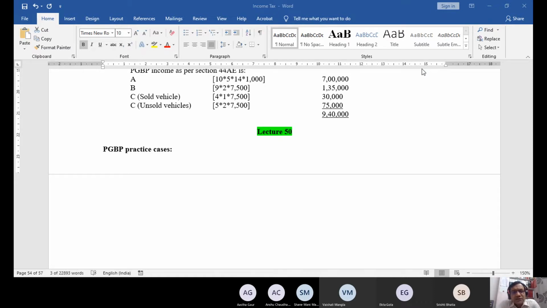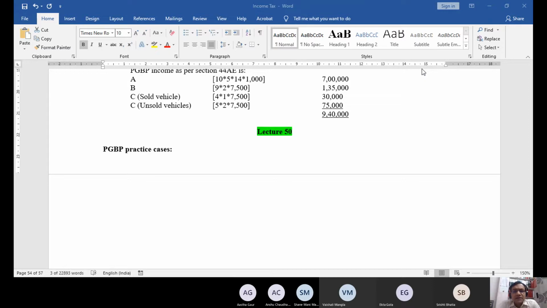These four sections' valid expenses have to pass the test of section 40 clause A, section 40 clause B, section 40 capital A and section 43B. That's it. If you know these categories of expenses, allowed, disallowed, whatever is the case, then PGBP is very easy. Otherwise it will be a little bit tough.